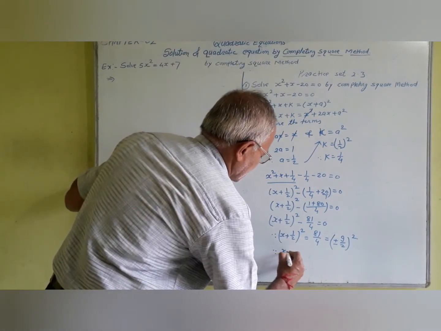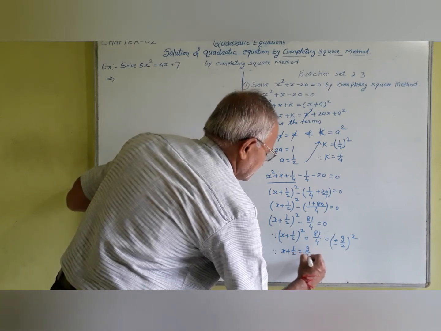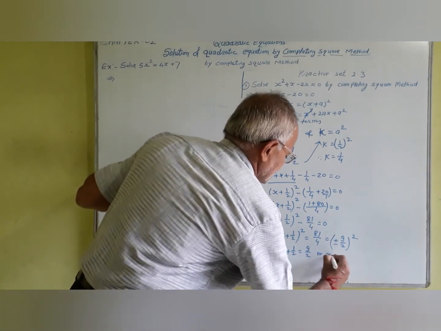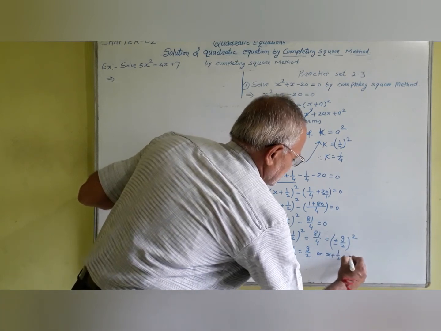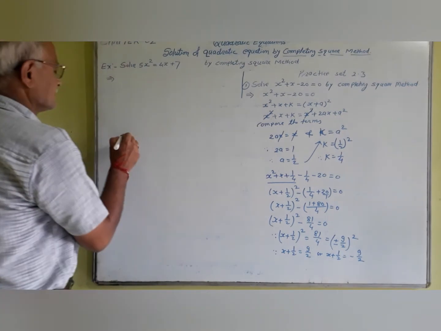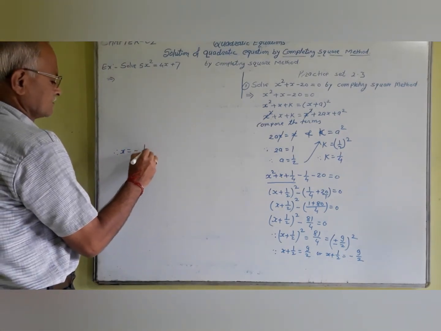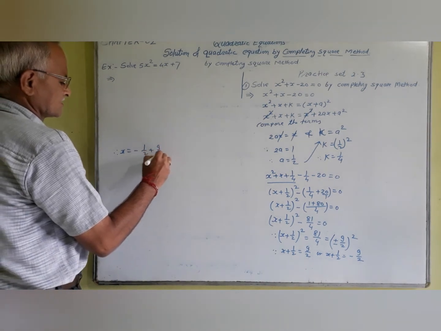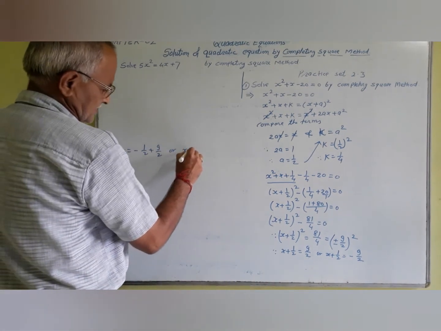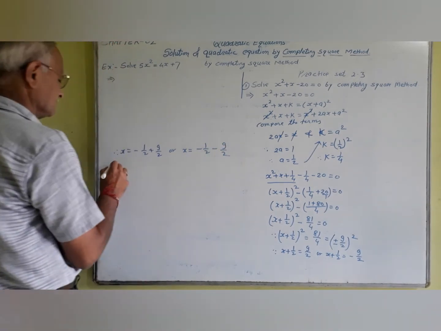Therefore, x + 1/2 is equal to 9/2 or x + 1/2 is equal to minus 9/2. Therefore, x is equal to minus 1/2 + 9/2 or x is equal to minus 1/2 minus 9/2.